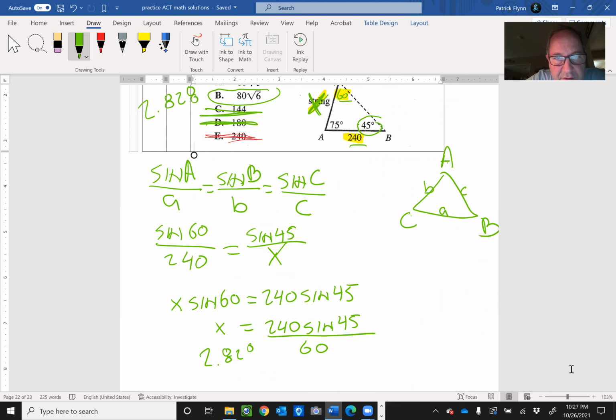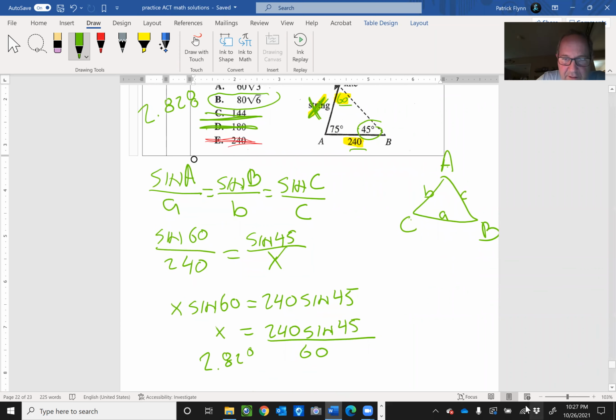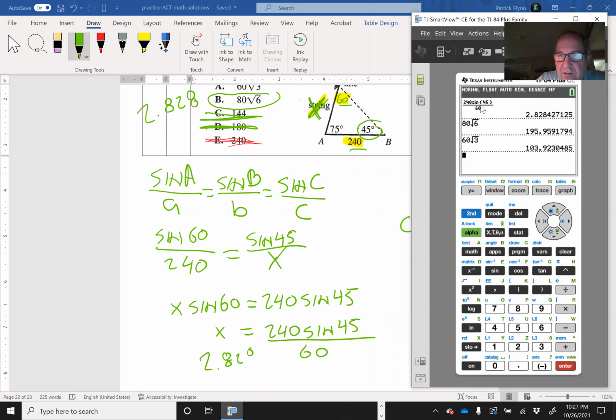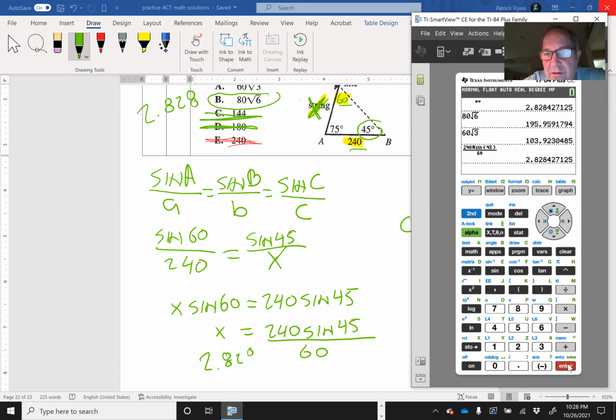Right, sine of 60, 240, sine of. Okay. And when I calculate that out again, well, it doesn't seem like that could be right. I'm in degrees. Shouldn't matter that I don't have a sine in. Yeah, it shouldn't matter.